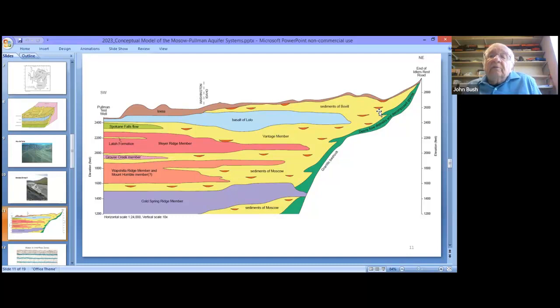The recharge has been documented to be coming down off the Moscow Mountain slopes, getting into and underneath into the Vantage in the upper aquifer. The upper aquifer is definitely proven to be modern recharge water. We also now have evidence that the water getting into the lower aquifer system is modern water.